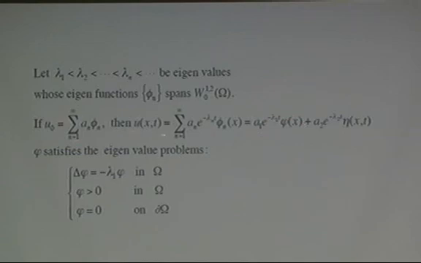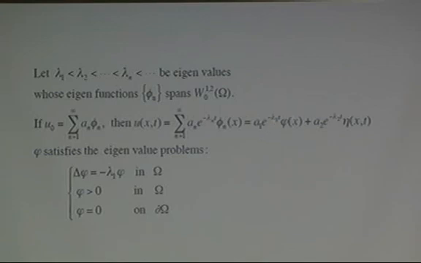Somehow, if you follow your parabolic flow, let's say your initial data has a very arbitrary shape, and let it go. But as time goes, your solution forgets your initial data because a long time has already passed. So it smooths out, and it's getting closer and closer to your first eigenfunction.